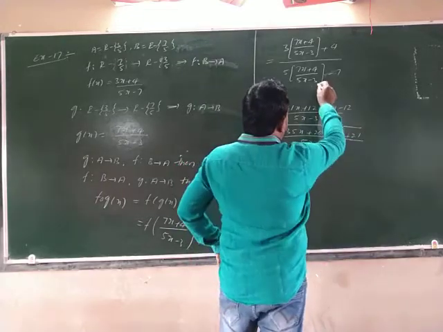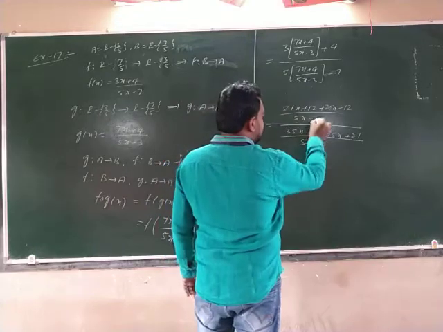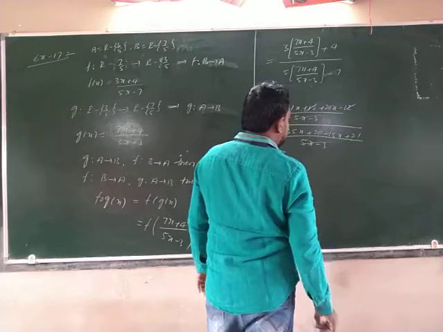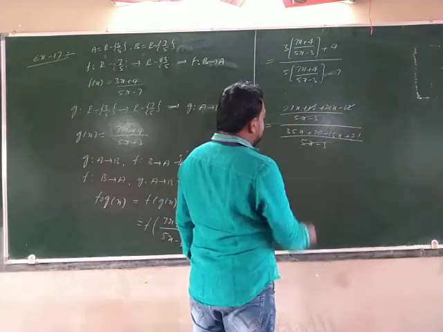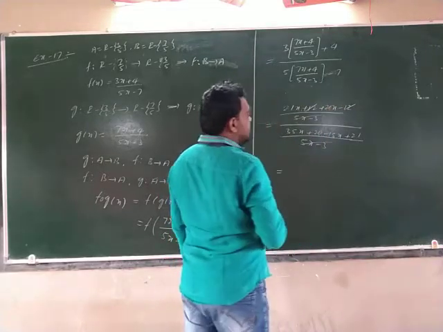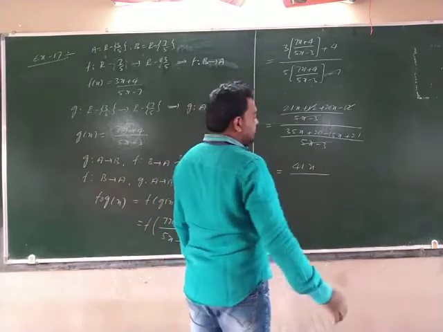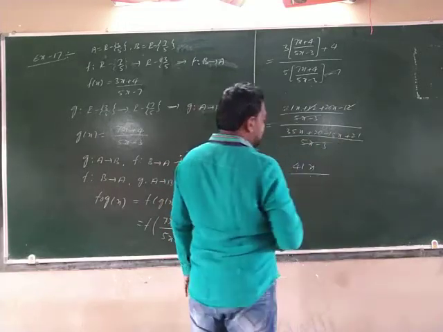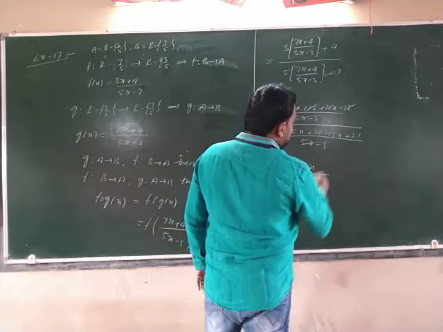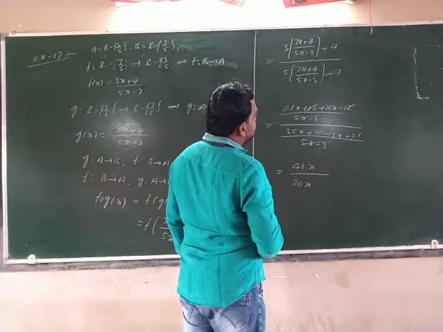Next, 5x minus 3 gets cancelled, 12 gets cancelled. Now what we are getting is the numerator 21x plus 20x, total 41x, divided by 35 minus 15, 20x, 20 plus 21. 7 5s are 35, minus 35x.